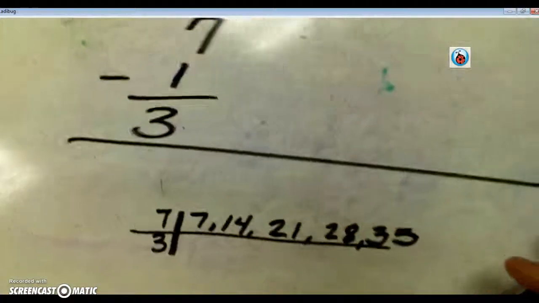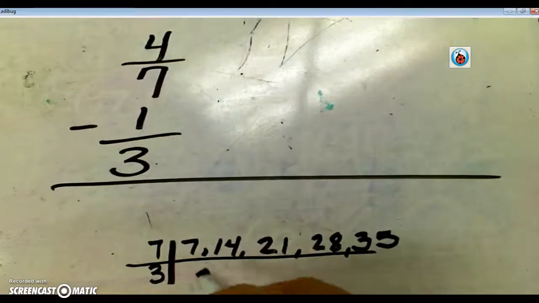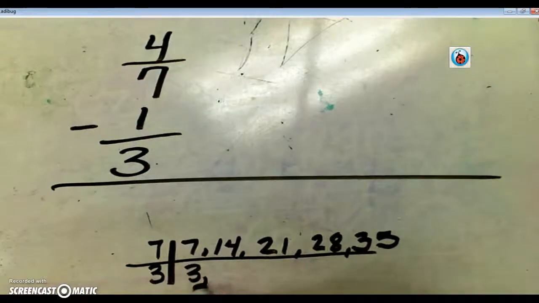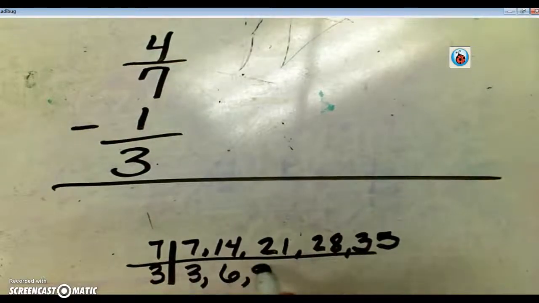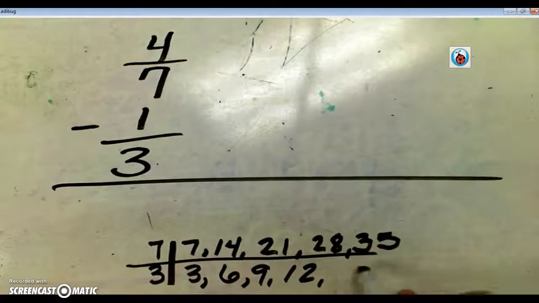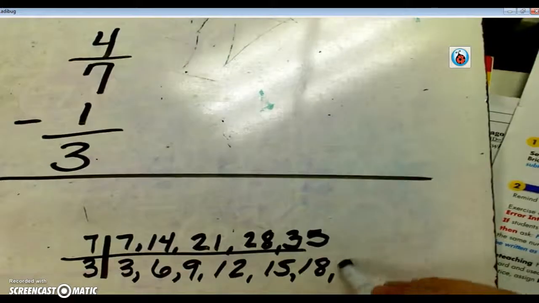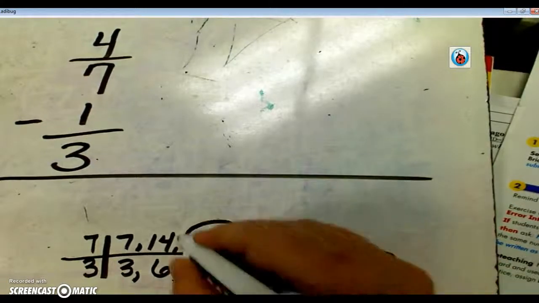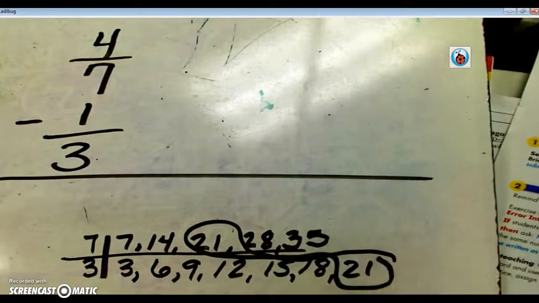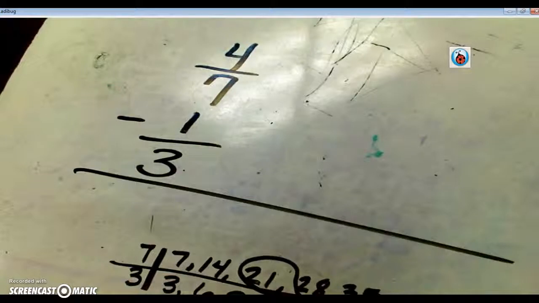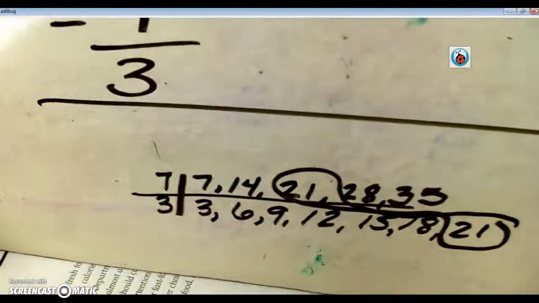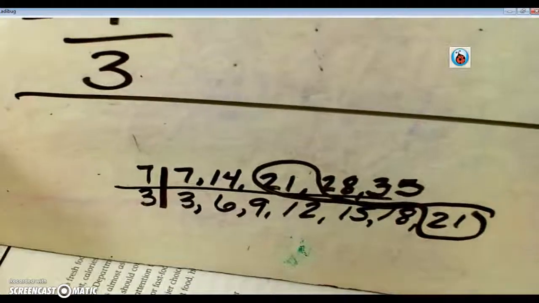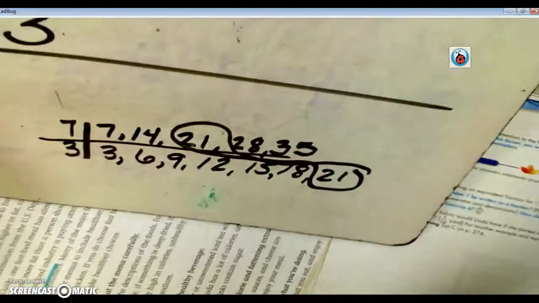Okay. Elliot, tell me the multiples of 3. Okay. Elliot knew I could stop there because I finally have a multiple that is the same. Whoops, off the board here. So my common multiple, or my LCM, would be 21.